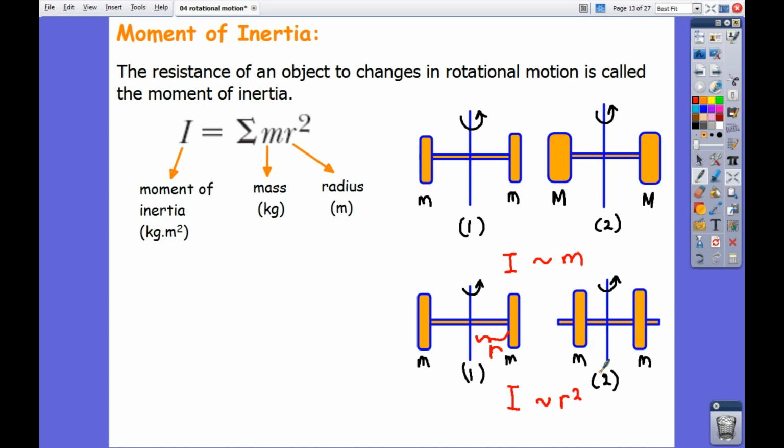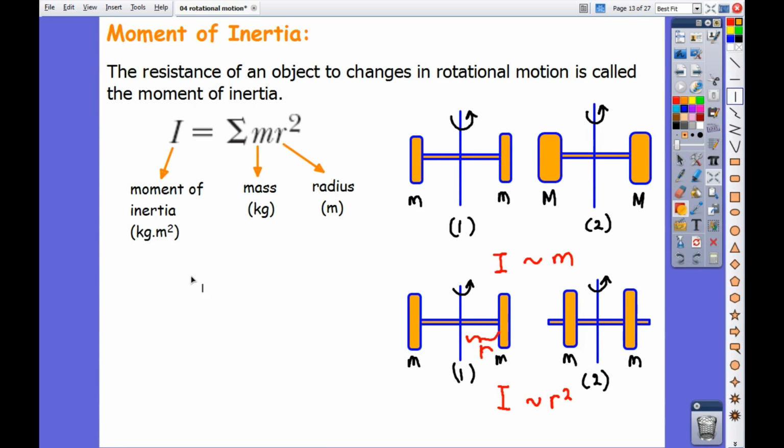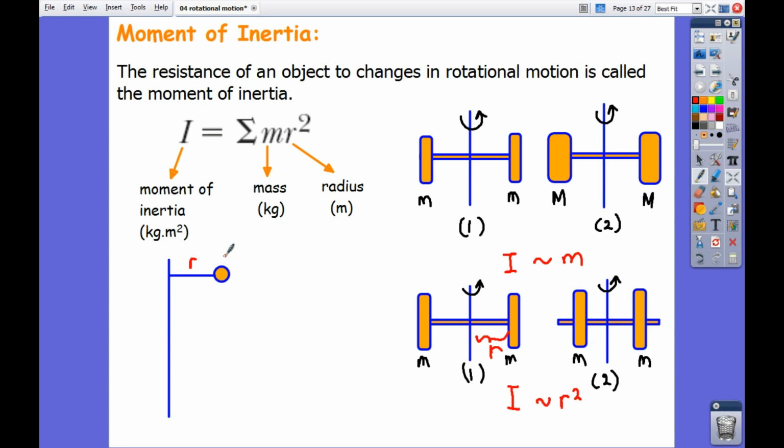So we can write down that if we have an object of mass m rotating around the rotational axis like this, the moment of inertia of the object is m times r squared.